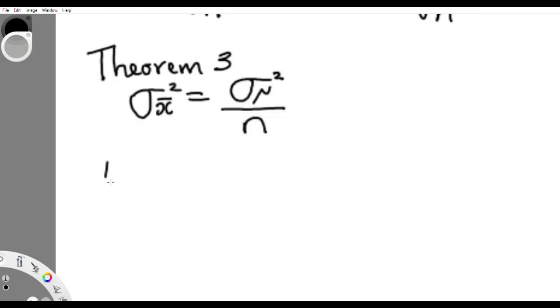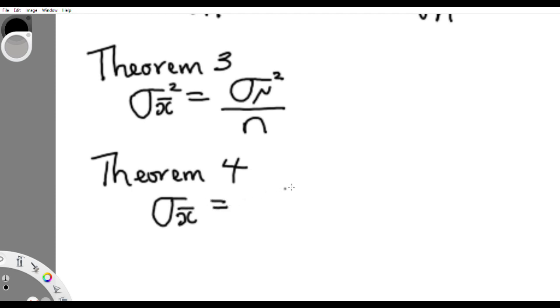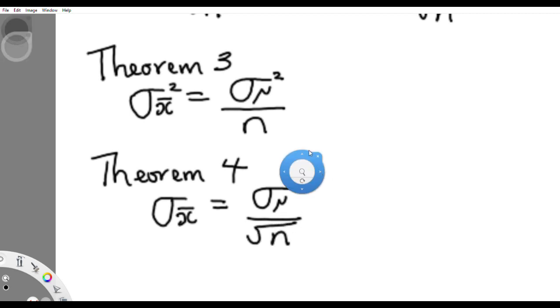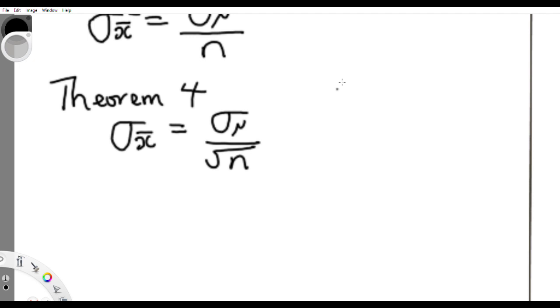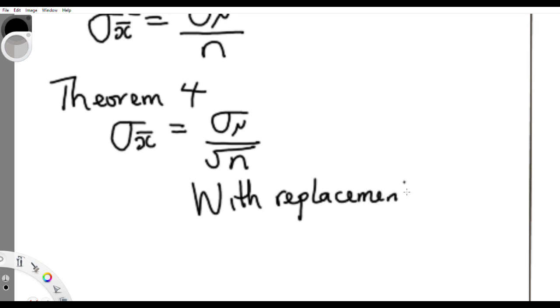And the fourth one, which we just finished up, is: the sample standard deviation equals the population standard deviation all over the square root of the sample size, provided you have sampled with replacement.